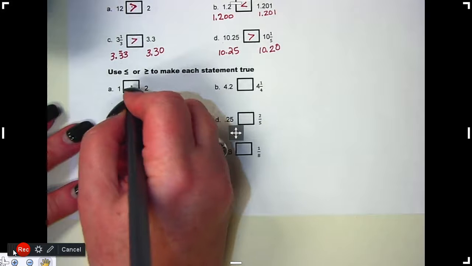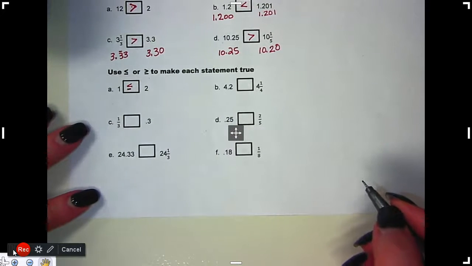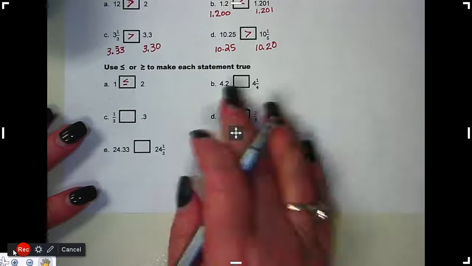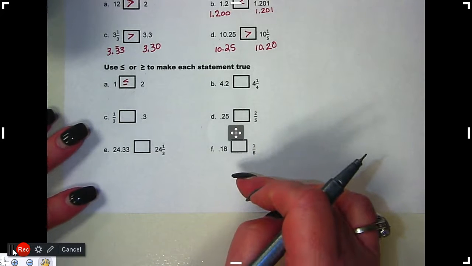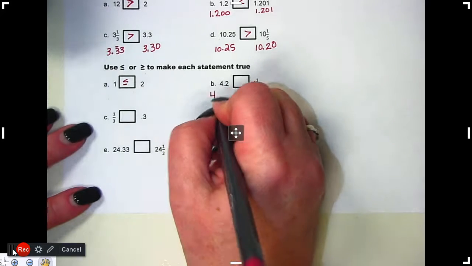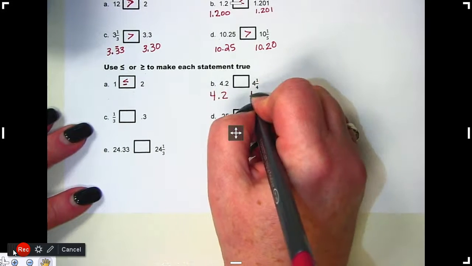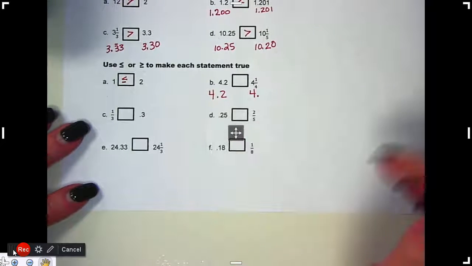One is less than or equal to 2. 4 2/10, 4 1/4. So 4 2/10 looks like this. 4 1/4. Anybody know what 1/4 is as a decimal?